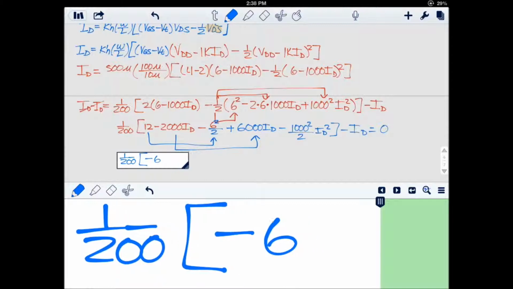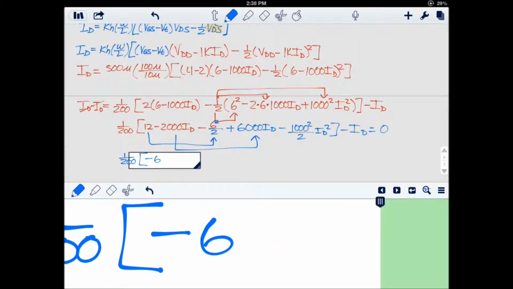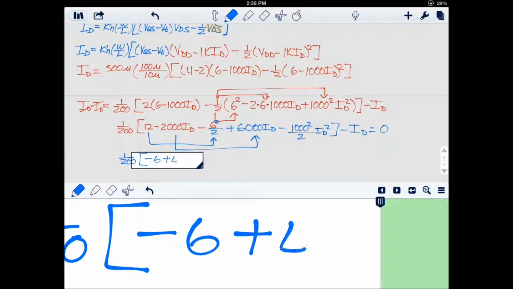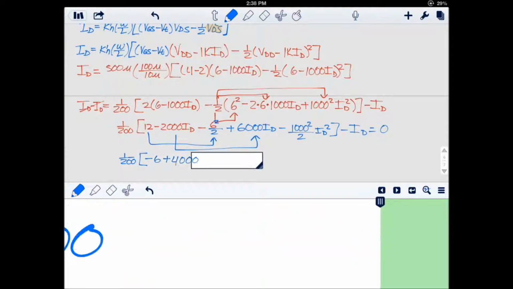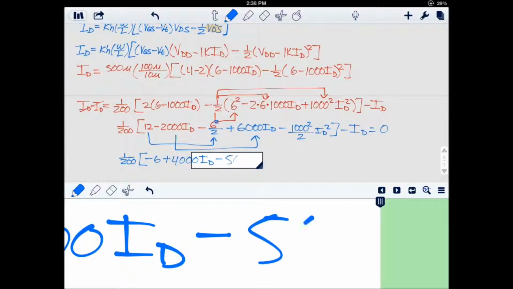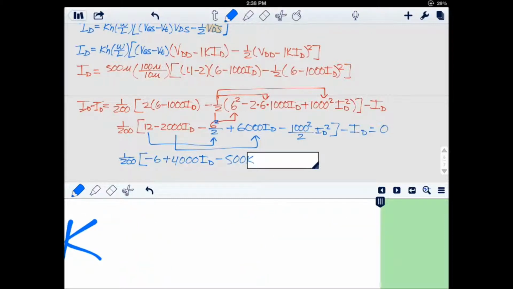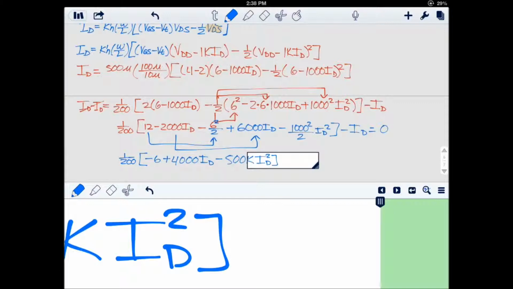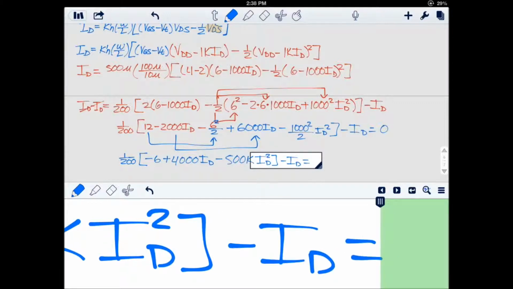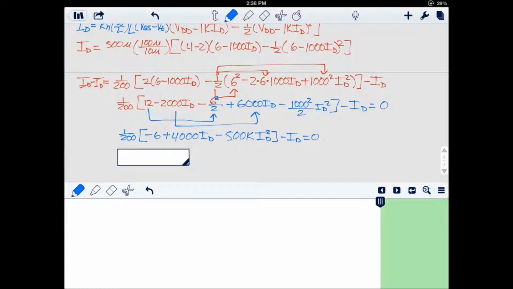And negative 2,000 plus 6,000 is 4,000, and 10,000 would be 5. Okay, we are almost done.